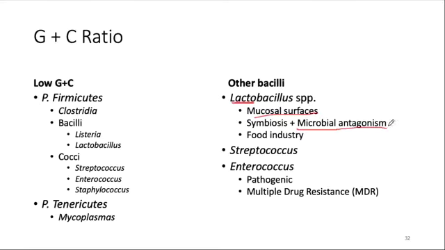That's an example of what we call microbial antagonism. They antagonize other microorganisms and prevent them from growing. So essentially, we're able to use them in the food industry to produce buttermilk and sauerkraut and yogurt and the likes. So they are quite important in the food industry.